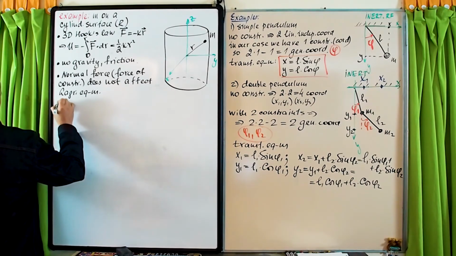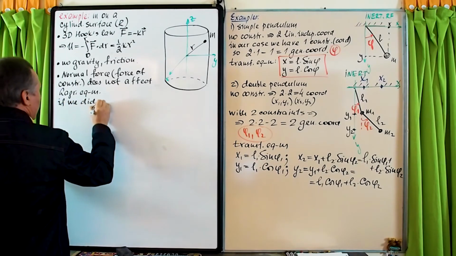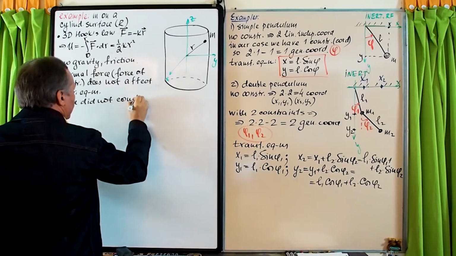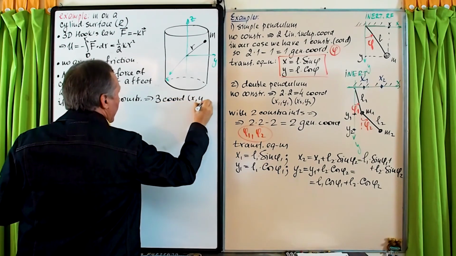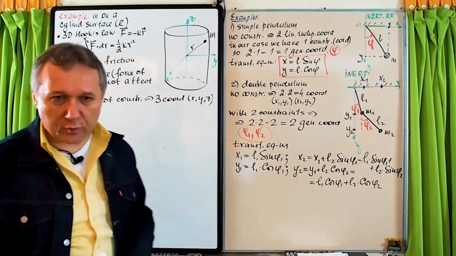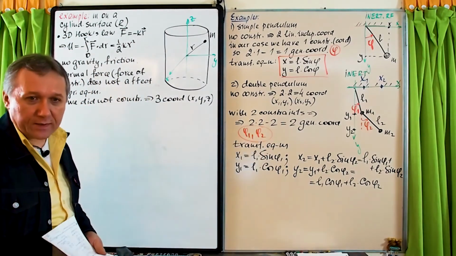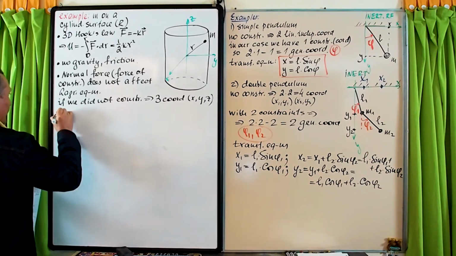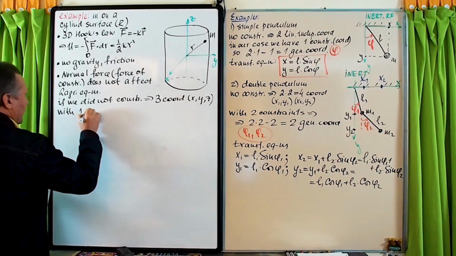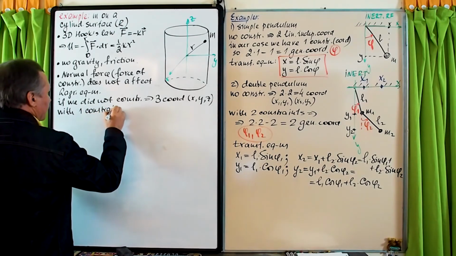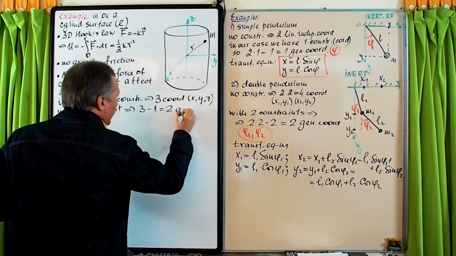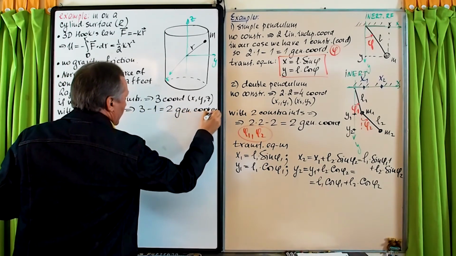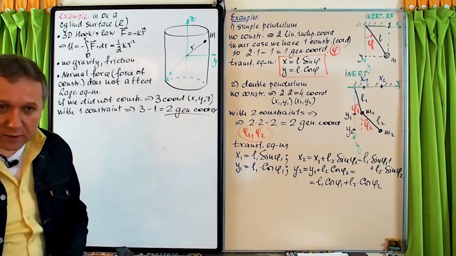So if we did not have constraints, then we would need three coordinates, for example, x, y, and z, or maybe rho, phi, z, or r, phi, theta. But with one constraint, we'll have 3 minus 1, 2 generalized coordinates. Which ones? Again, it's up to you.